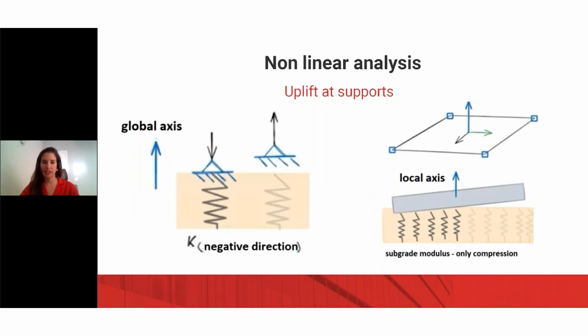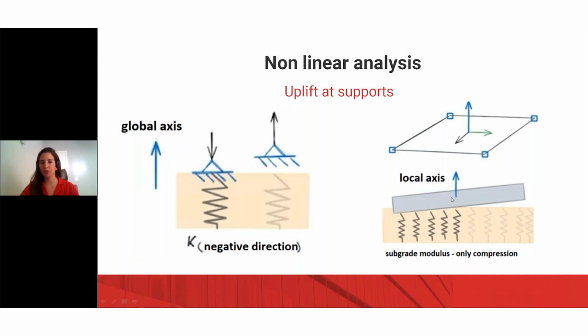For the second nonlinearity, the uplift at supports, you can select the elastic, nonlinear behavior for the external fixities of the structure, as well as select a subgrade modulus for the shells. This means that if an external fixity, for which we have described a spring factor, is being pulled in uplift, it won't participate in the nonlinear analysis combination.